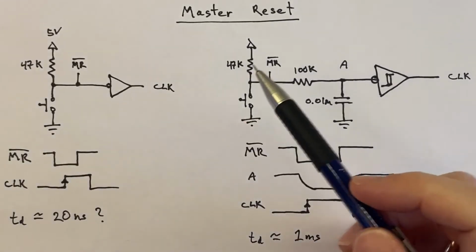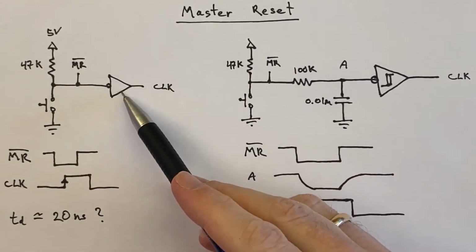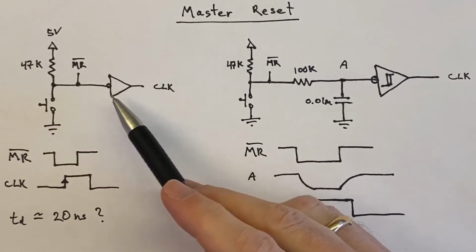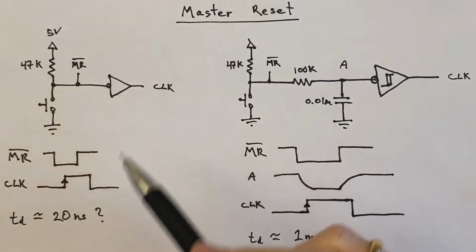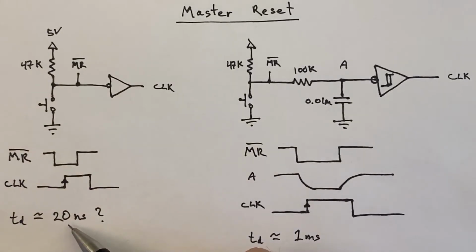And I also checked the data sheet for these inverters. I had some Schmitt inverters, and they said that the delay going through one of these gates is about 20 nanoseconds. So you figure that should be good enough. 20 nanoseconds is longer than the 15, and so we should meet the setup time.